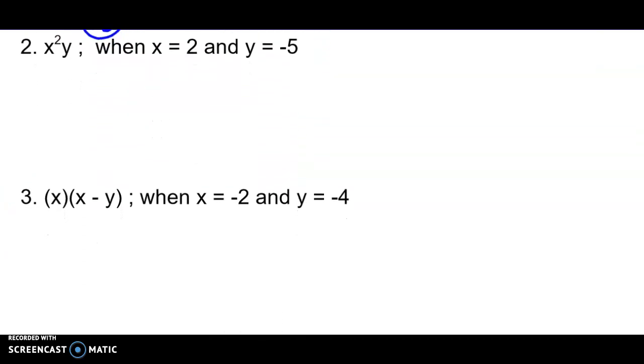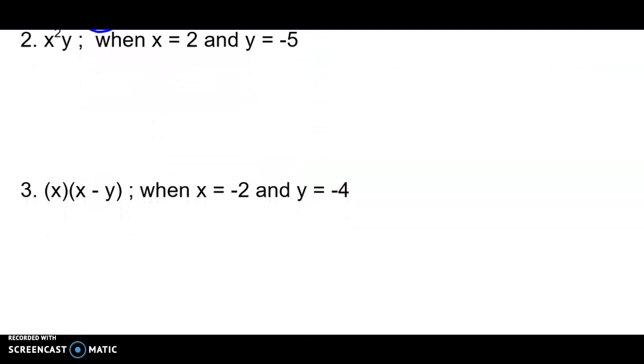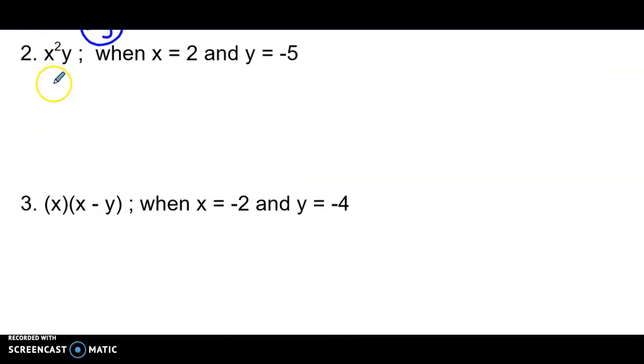Let's take a look at number 2. So we have x squared times y. Remember, if there's no plus sign, no minus sign, no division sign in between two numbers or two variables, then we're multiplying, right?